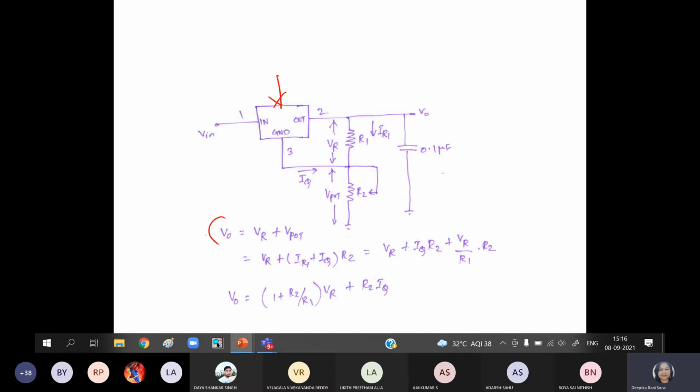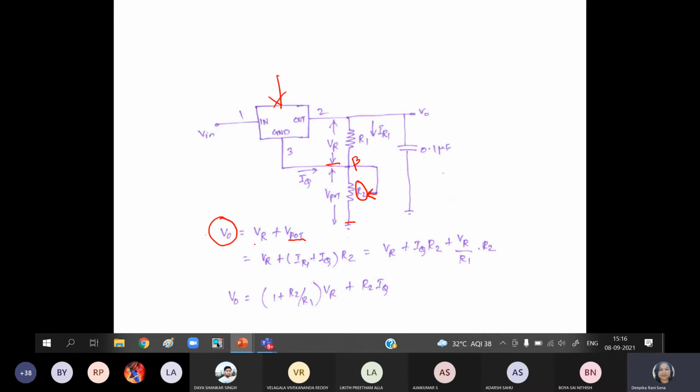So what are the voltages contributing to calculate your V0? Here is the same beta network, R1 and R2 give the beta network. And guys, if you see, this R2 is not a fixed type, it is a potentiometer type. Okay, a potentiometer we have to use. So the potentiometer voltage V pot is across R2, which is beta V0 only.